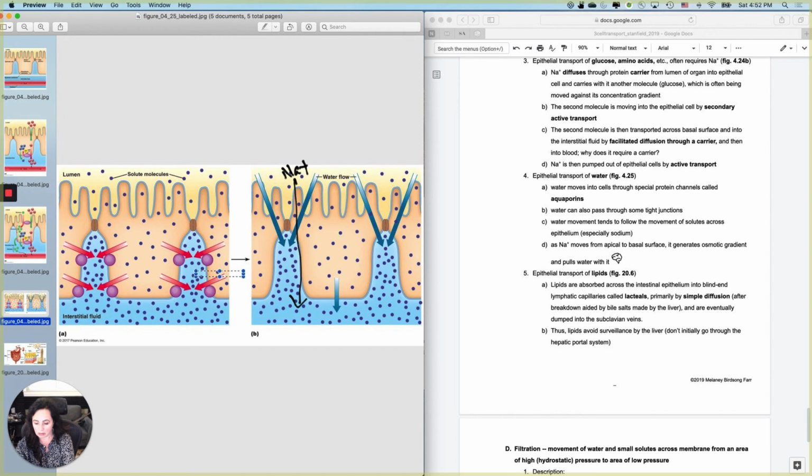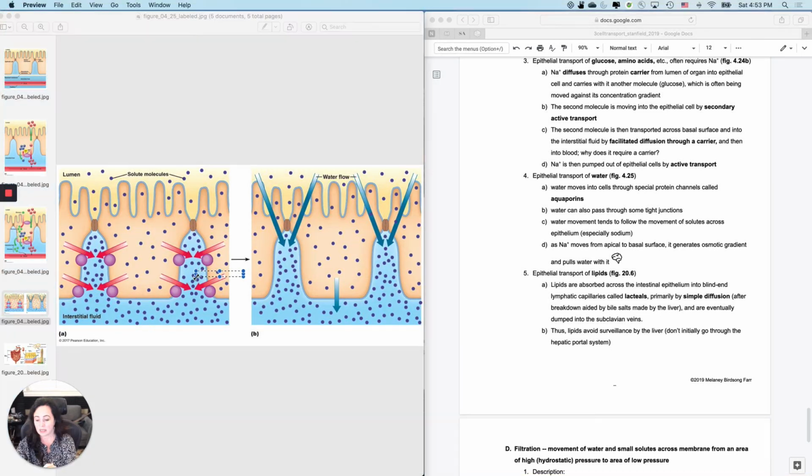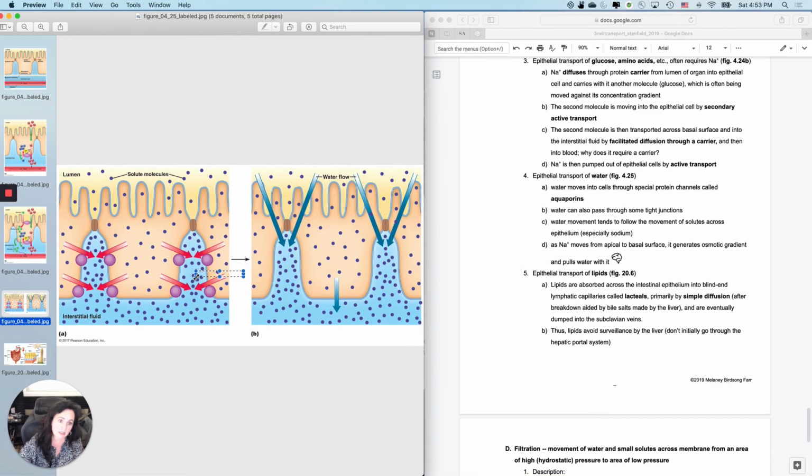So as sodium goes from high one place to high one place, water goes low that place to low that place. So as sodium moves, water's concentration gradient is created. So sodium will move from the apical to the basal surface. It's generating an osmotic gradient, and then it pulls water through with it. So as my phys professor said, solutes suck, and water and sodium sucks the most.